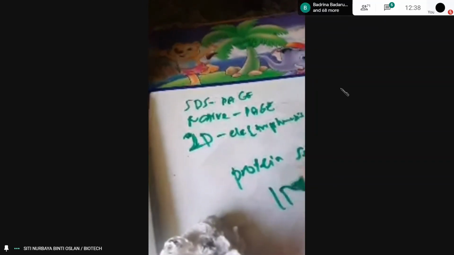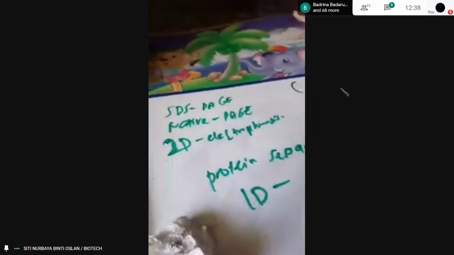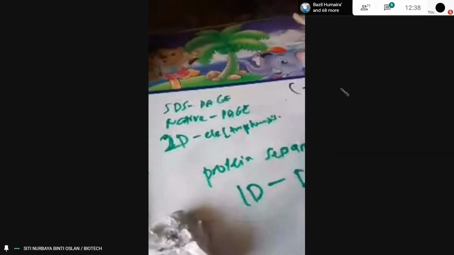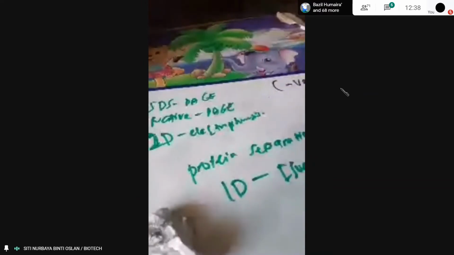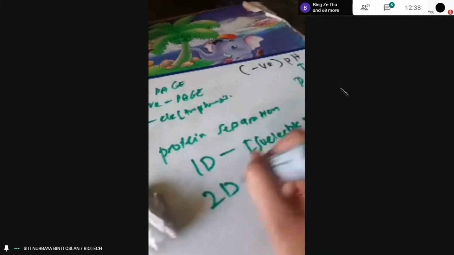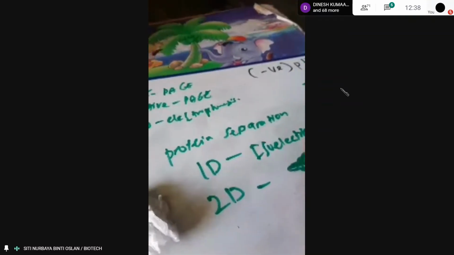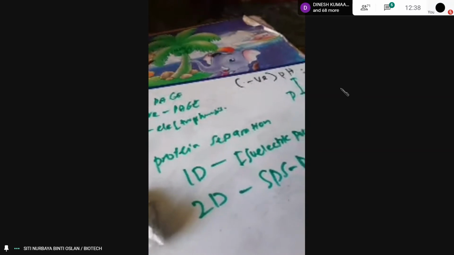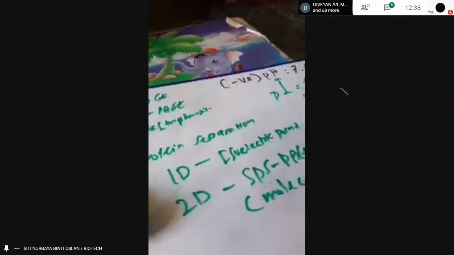First, the first D is by using isoelectric focusing. The second D will be based on SDS-PAGE, based on the molecular weight.